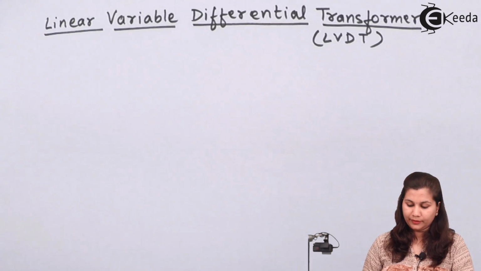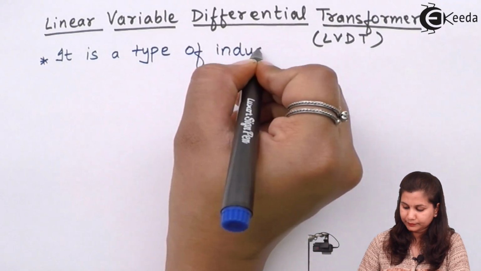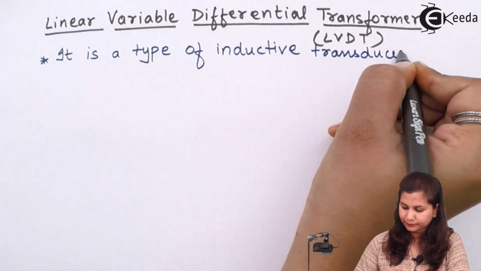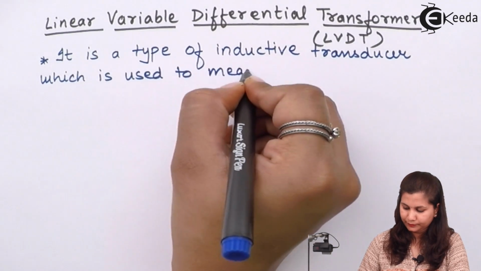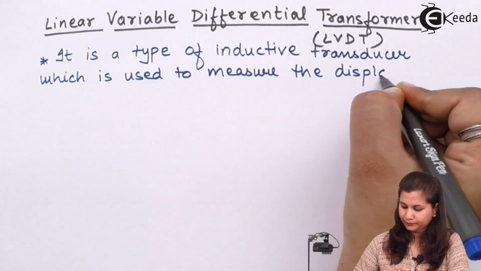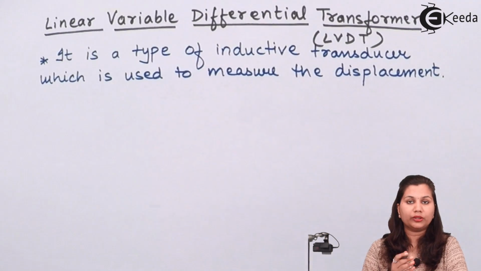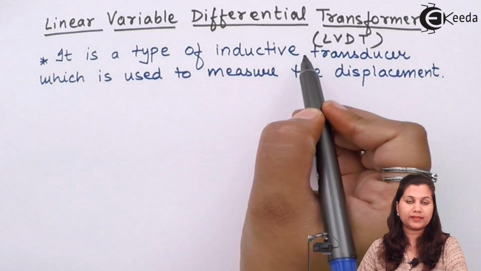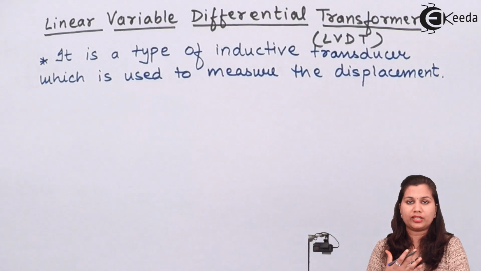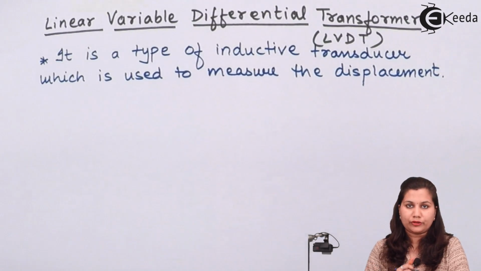Transducers are those devices which convert a non-electrical quantity into an electrical quantity, and inductive transducers are those that change the inductance of a coil, and due to the change in inductance the non-electrical quantity is converted into an electrical quantity.